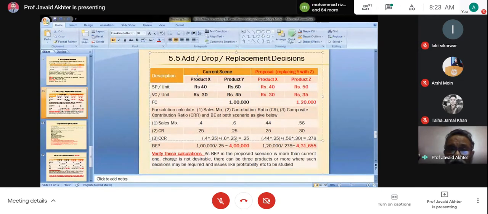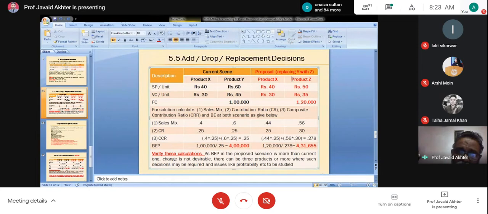If we take add, we have X and Y, we wish to add Z. The same procedure you will follow, the same way you will be in a position to calculate existing BEP, revised BEP, and take a decision. I wish to move to the next slide.